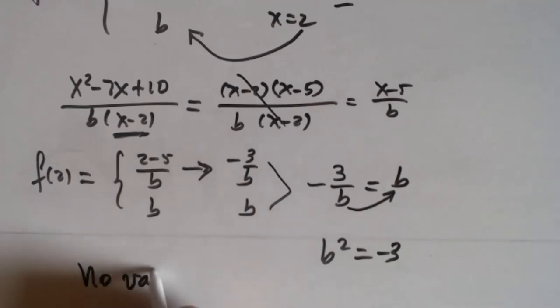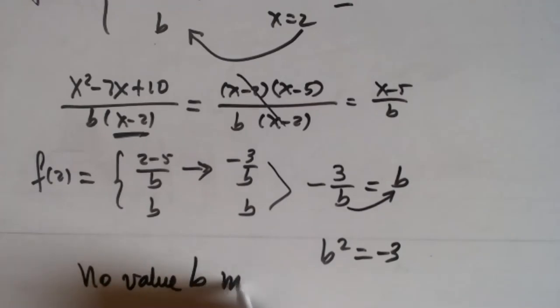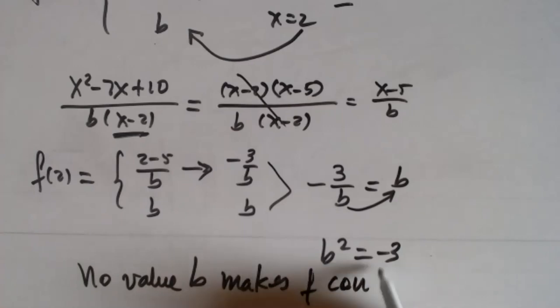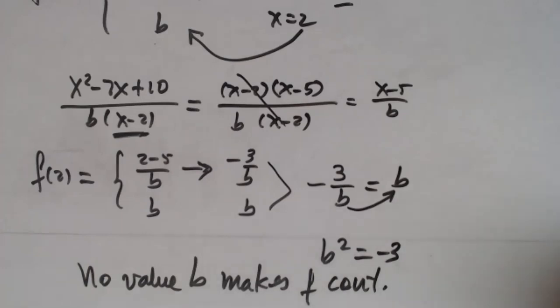So no value of b makes f continuous, correct? There is no value b making this continuous. That's it.